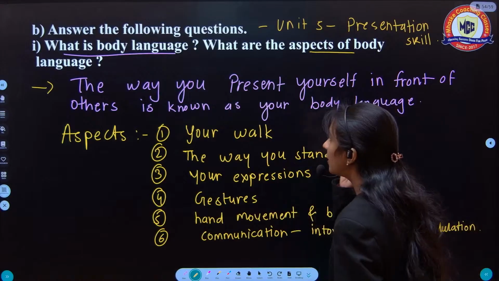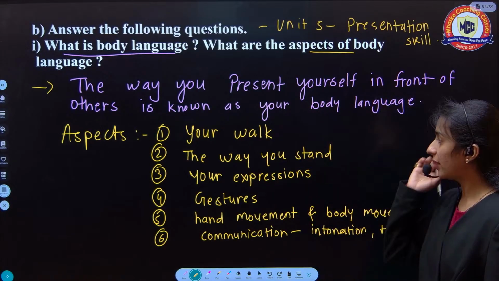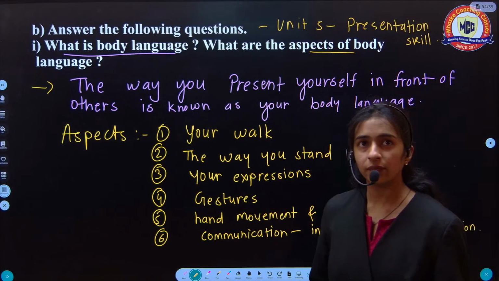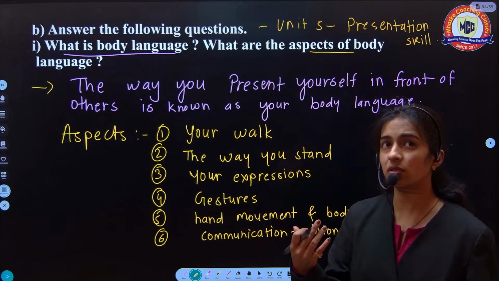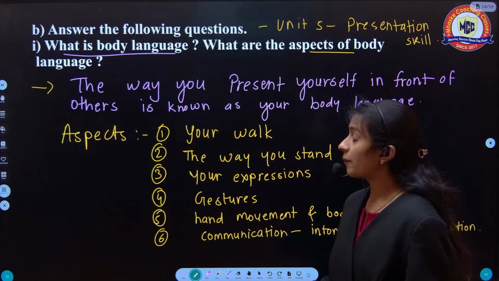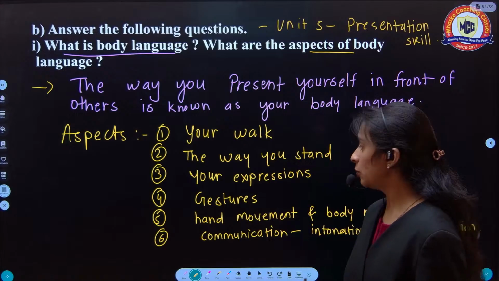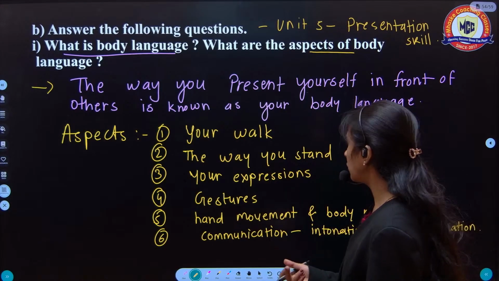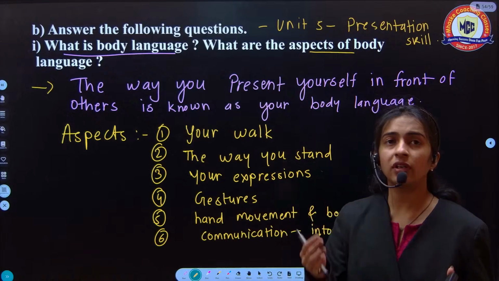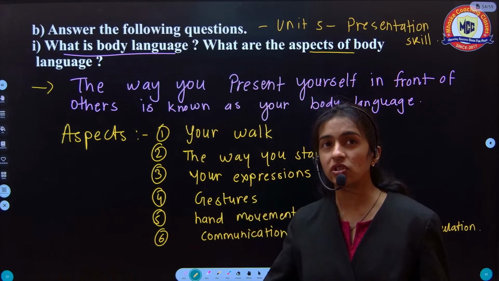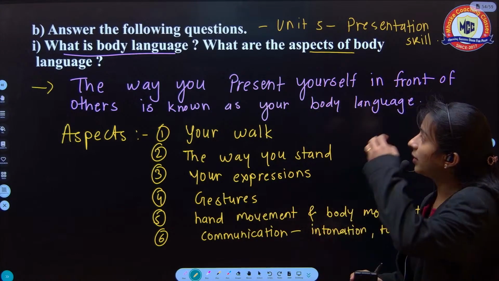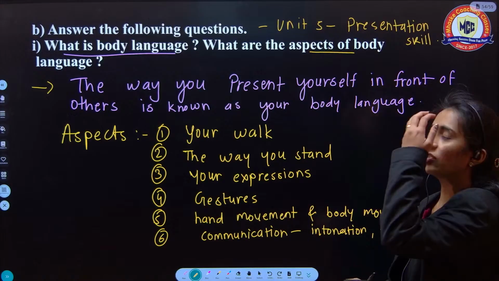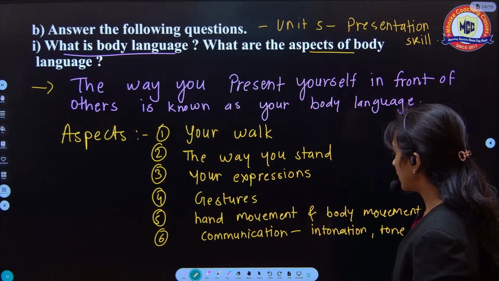So these are the aspects of your body language. First, the way you walk, the way you stand, your expressions, gestures, hand movements, body movements, and the last one is your communication, the way you communicate, your tone, your intonation, voice modulation, everything will come under body language. Okay, let's move ahead.